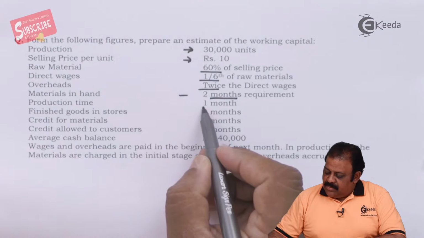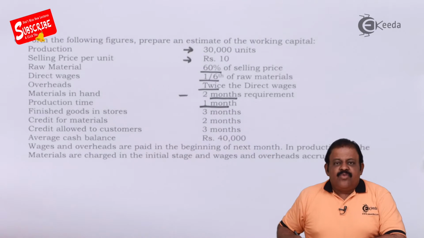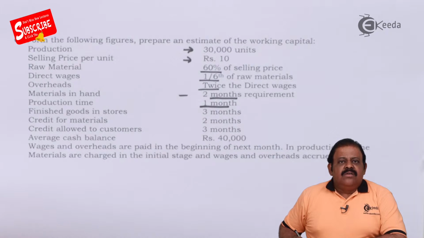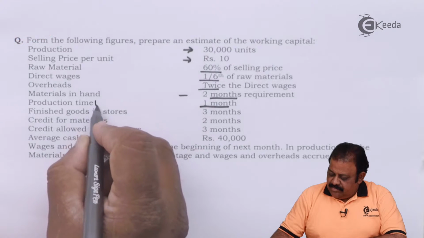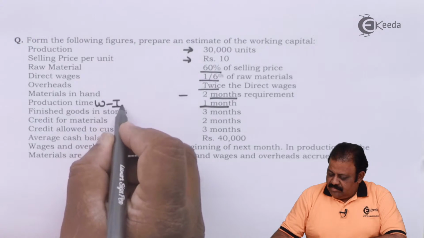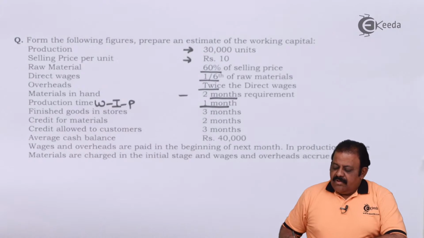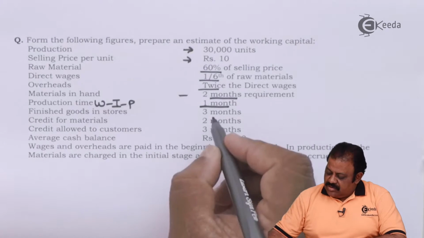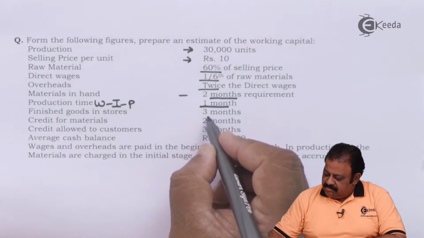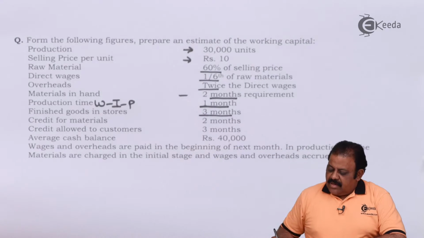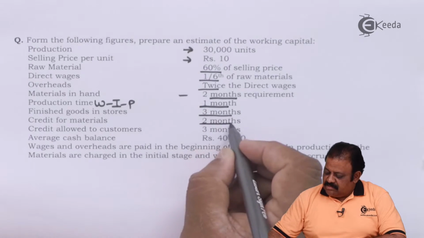Production time 1 month. This information is relevant for calculation of work in progress. Finished goods in stores 3 months. Credit for material 2 months.